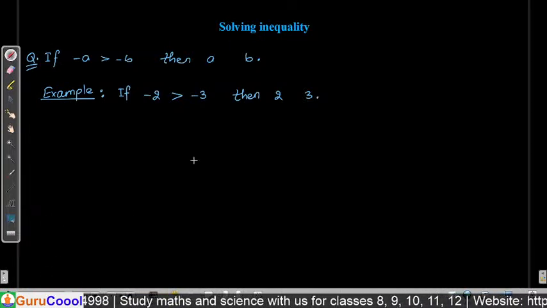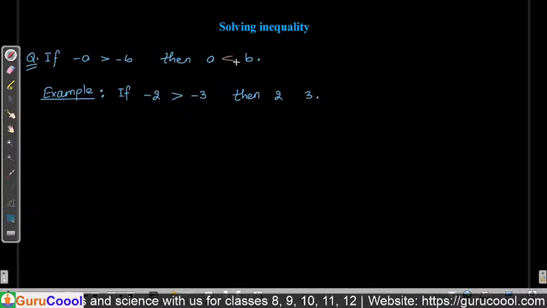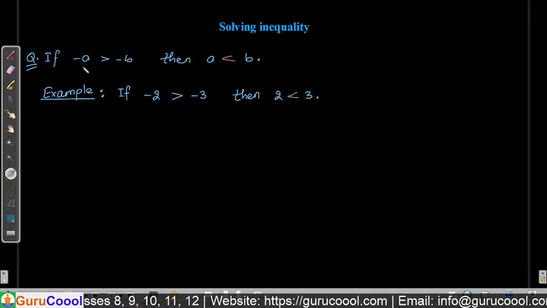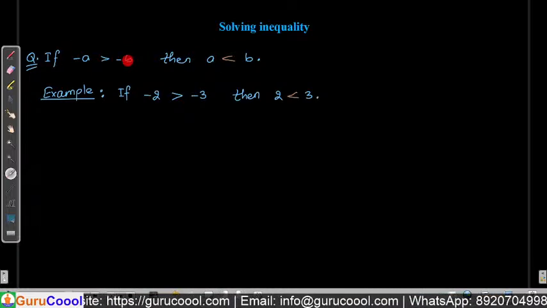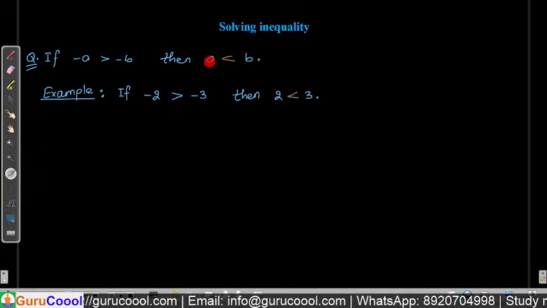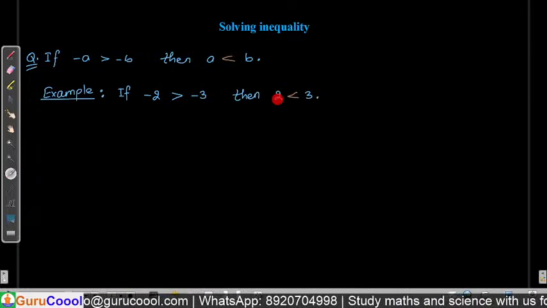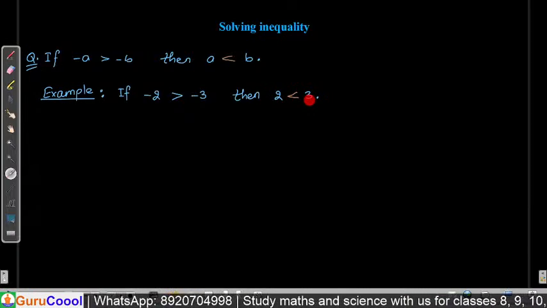I showed you this example, still you did not notice it. 2 is smaller than 3. That's the rule. If minus a is greater, then plus a will be smaller. Minus a is greater than minus b, that means plus a is smaller than plus b. Here is the example. Minus 2 is greater than minus 3, but plus 2 is smaller than plus 3. Did you notice it?